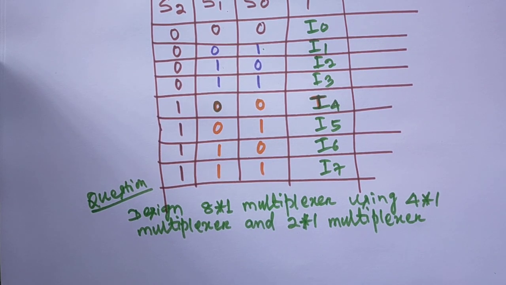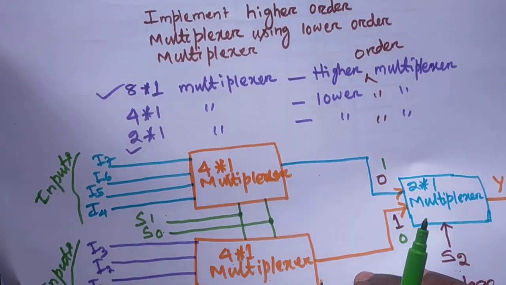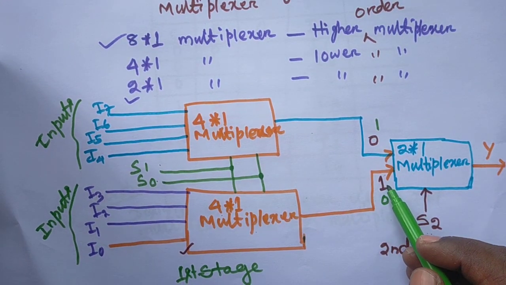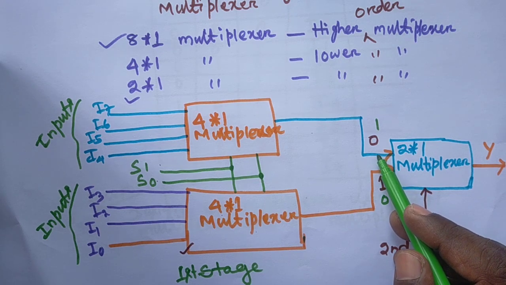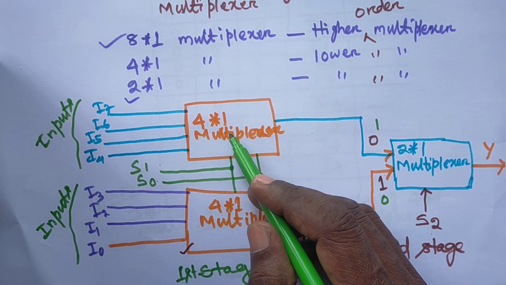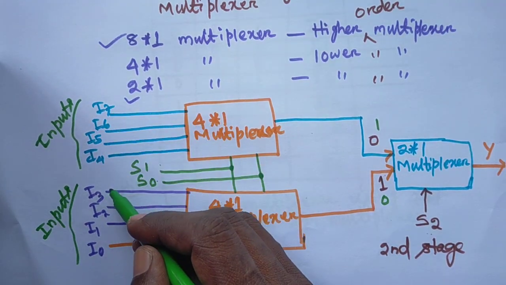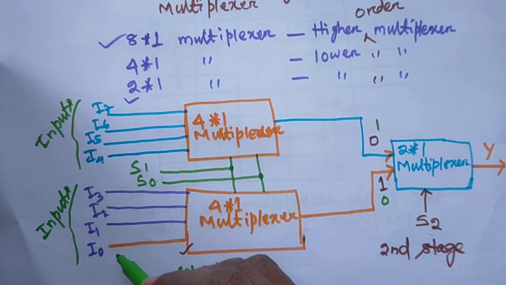I think you understand all these things. Whenever you define it in this way, very simply, the last one gives the output depending on these two inputs. Again, this input is defined as the output depending on this multiplexer. This multiplexer contains 4 inputs, and this also contains 4 inputs.